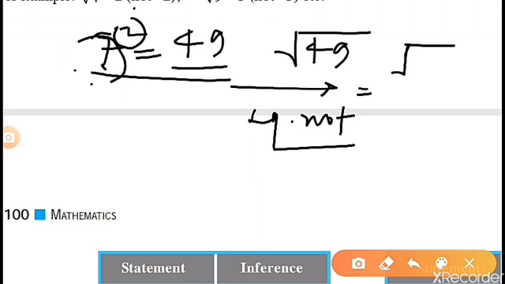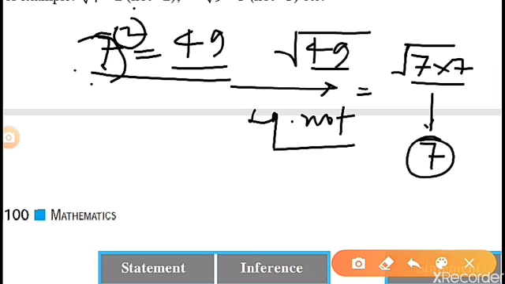Now how to write it? 49 can be written as 7 into 7. Here this is a pair, so we take one element from the pair, which is 7. So we say 7 is the square root of 49.